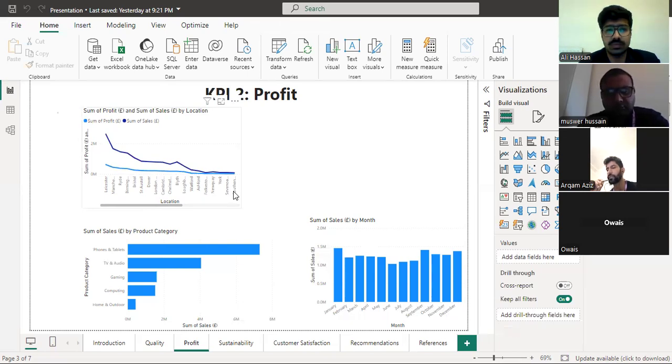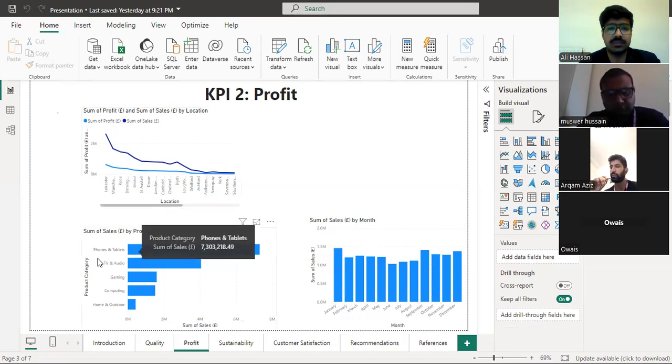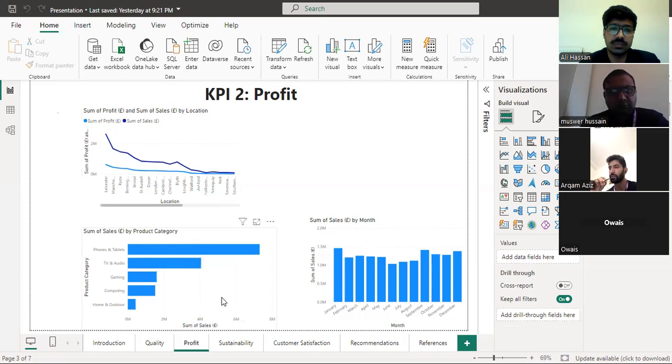These are different city names and places. And at the end we have Southern. If we talk about their profit rates, the maximum is 2 million, and the lowest is Southern, as shown in the graph. We are talking about sum of profit and sum of sales mainly as per the locations mentioned in the graph.